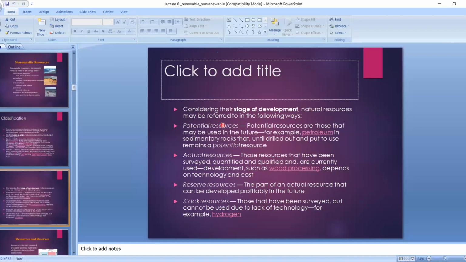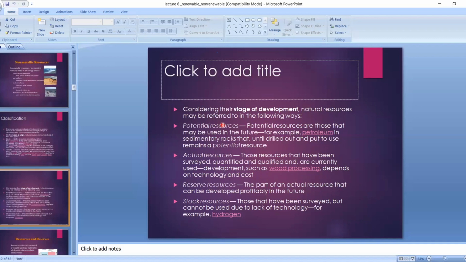It has not been discovered yet, but in the future we might be able to discover it. We will find out where these resources are being held. So we call it potential resource because we have the potential. Right now, we don't have access to those resources, but sooner or later we will have the intel on these resources, and we will find them. So we will call these potential resources.